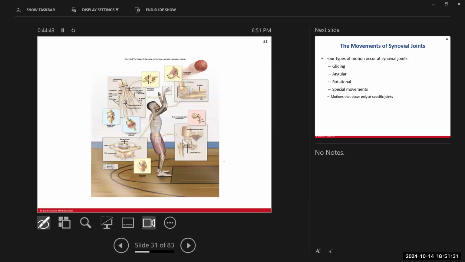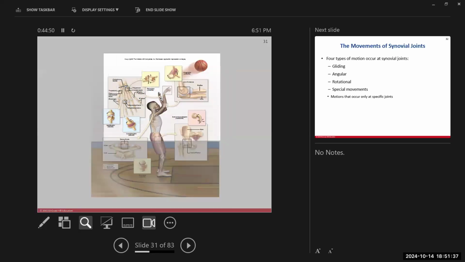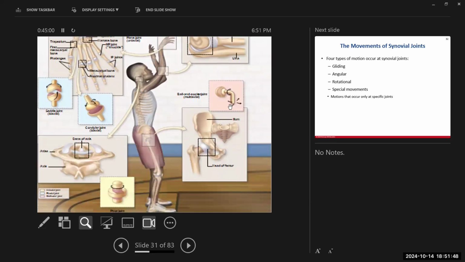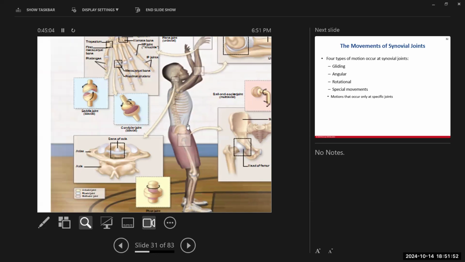Now, this picture is not very good because the detail just did not come out well. But here you can see a plane joint sliding back and forth. You can't even read some of these, but here's your hinge joint, and a nice ball and socket over there.